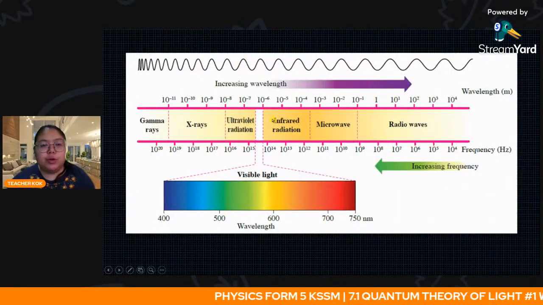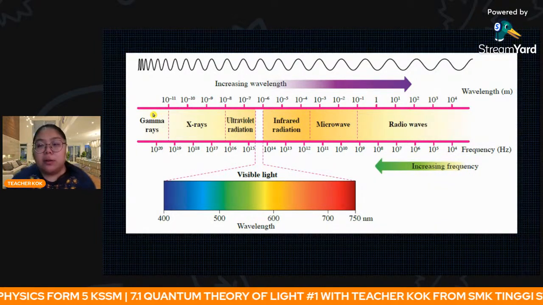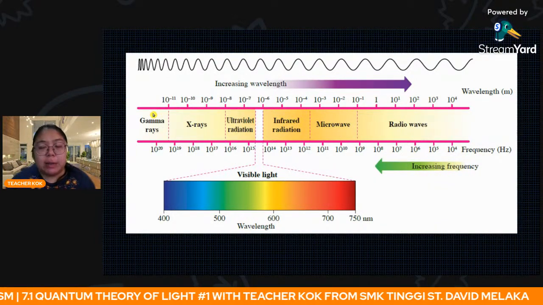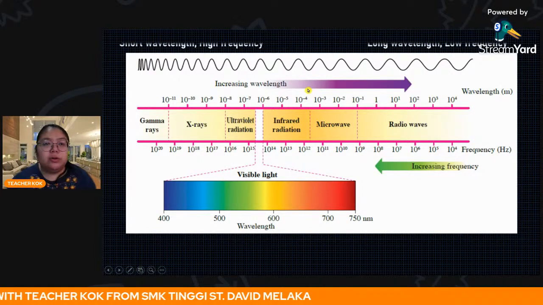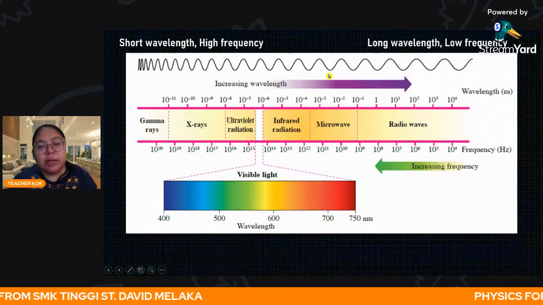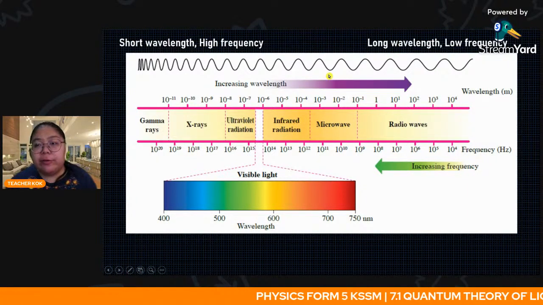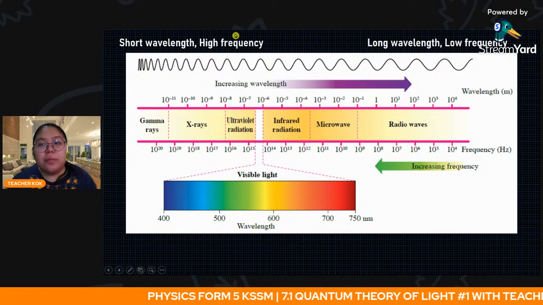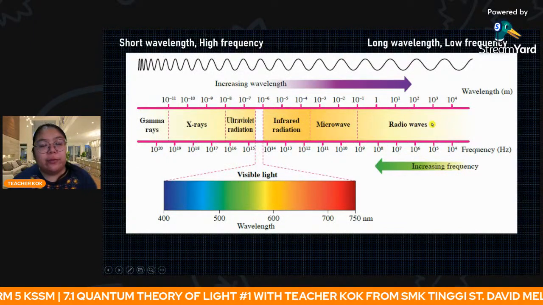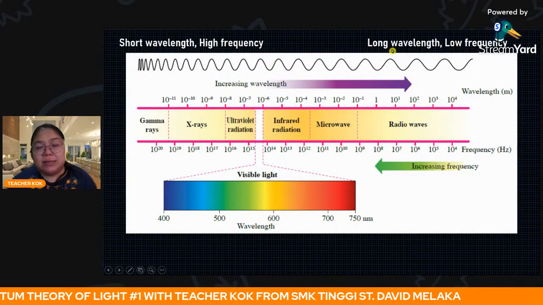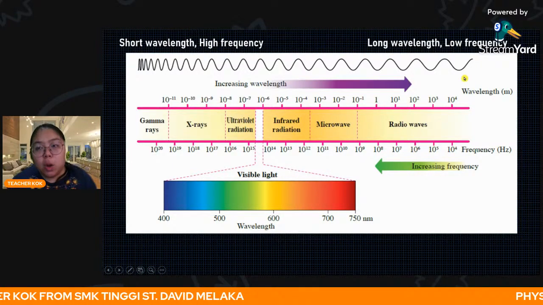Okay, the first thing to show you is a spectrum. I think you learned this before in Form 4, the wave spectrum. Okay, the EM spectrum. So you need to memorize the arrangement. From here we see how they arrange the positions of the different rays in the spectrum. They follow the wavelength and also the frequency. So from the radio wave, the wavelength is longer and the frequency is lower.